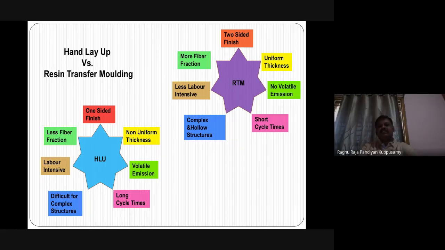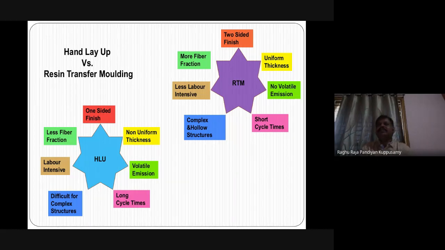Whatever disadvantages I have listed for hand layup can be converted into advantages when you go for RTM. For example, it gives you a two-sided finish and uniform thickness. There are no volatile emissions since it's a closed mold process, and it is very much automated. You will have short cycle times, and if you have the facility to create the mold, complex and hollow structures can be easily manufactured.